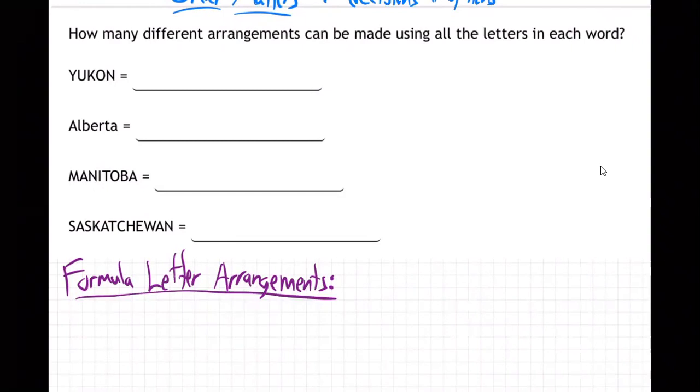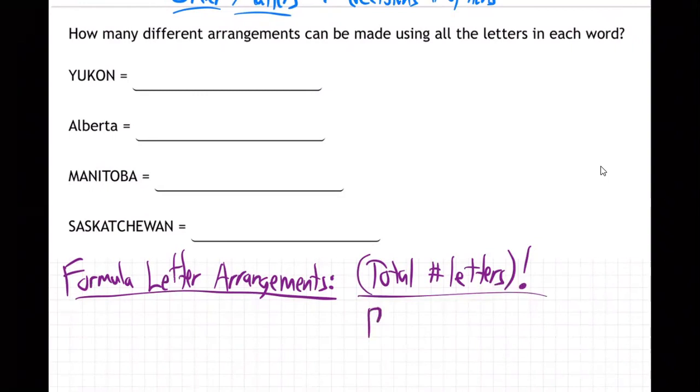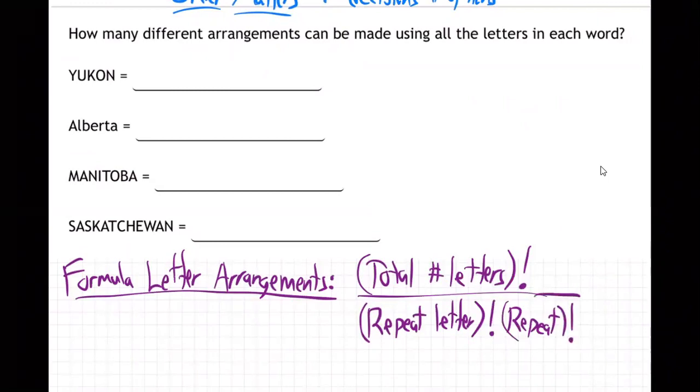It's going to be total number of letters, factorial, remember the exclamation point is factorial, over repeat letter factorial, and then repeat factorial, etc. Just like that. There's the formula for letter arrangements.